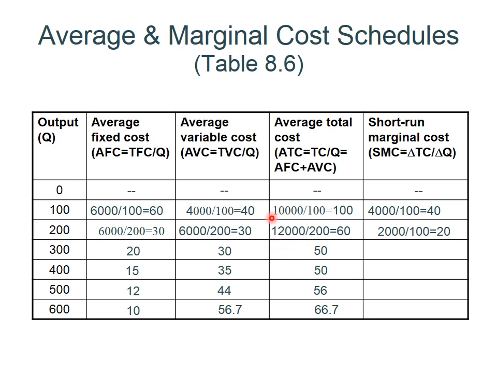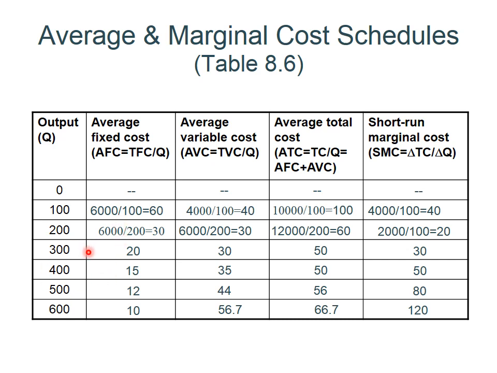Now when 200 units are produced, it is 12,000. So the change is 12,000 minus 10,000, which is 2,000. 2,000 divided by 100 is equal to 20. So you continue like that, you get marginal cost.